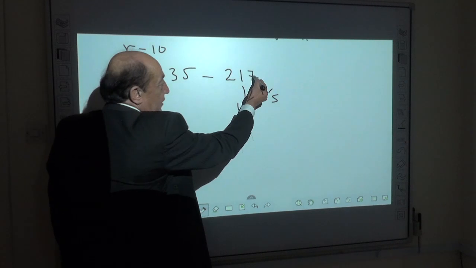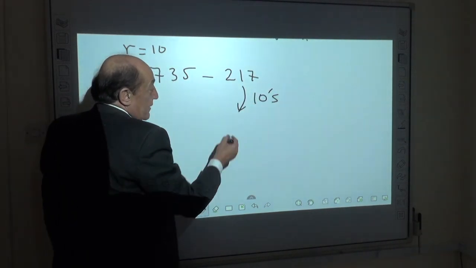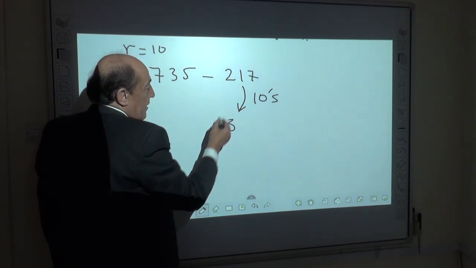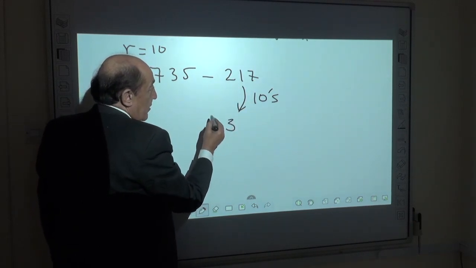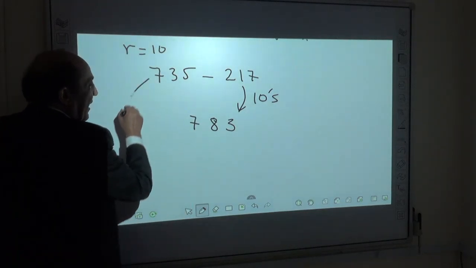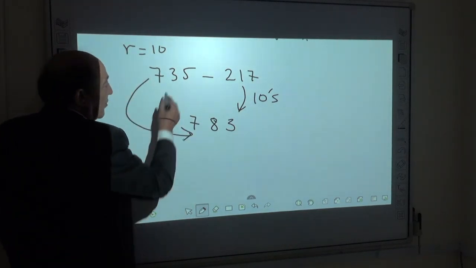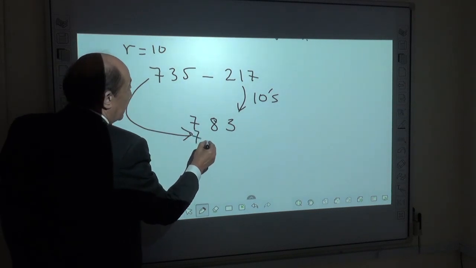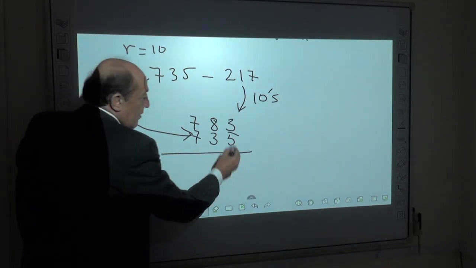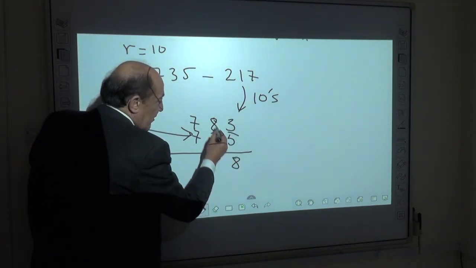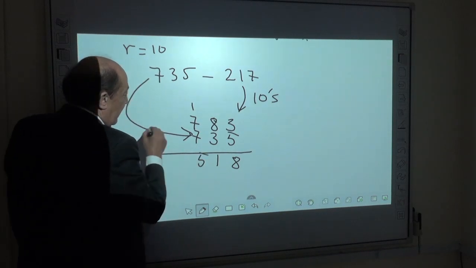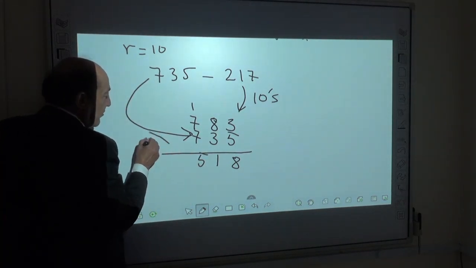We subtract the first digit from 10, 3, and all the remaining from 9, 8 and 7. We add it with 735. 3 plus 5 is 8, 11, and 5, there is an end-around carry, 1.